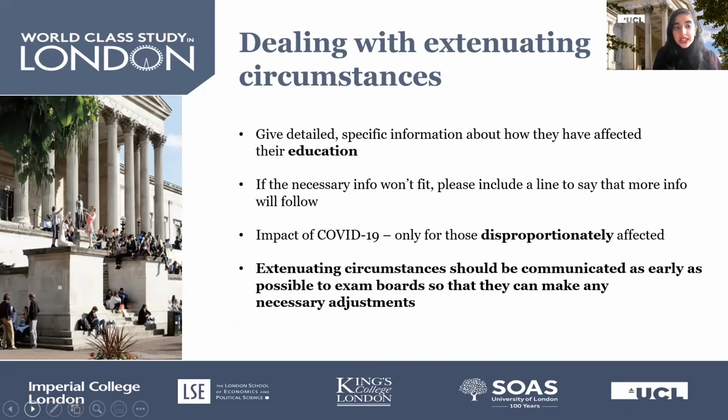Another frequently asked question that has really started cropping up again is regarding COVID-19. Typically this isn't considered an extenuating circumstance because it has impacted all students worldwide. But it is good to know if an applicant has been disproportionately affected.